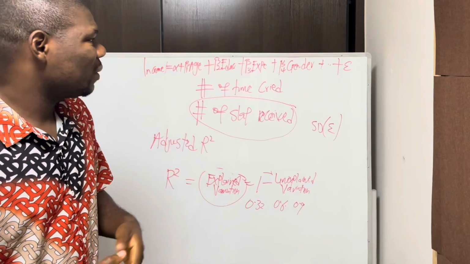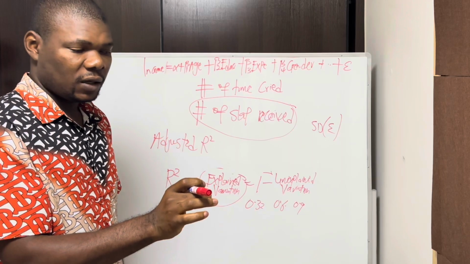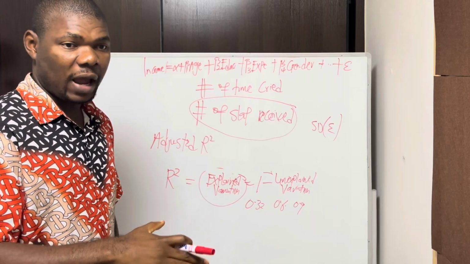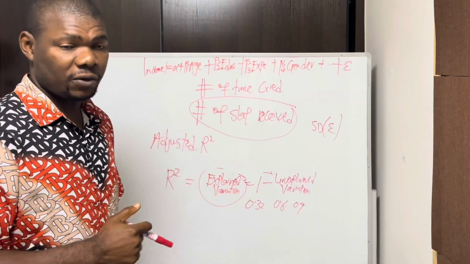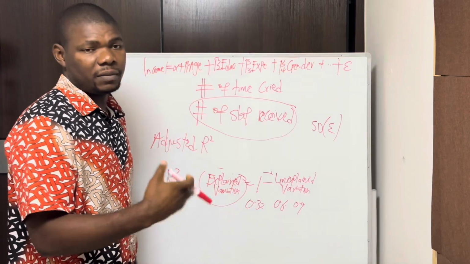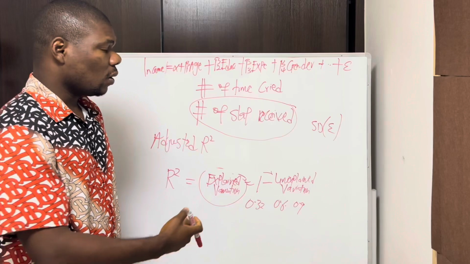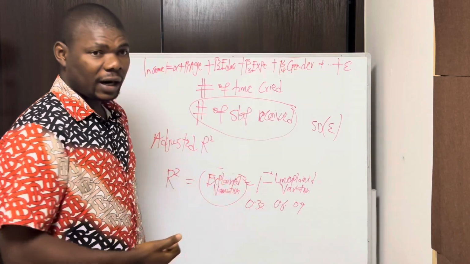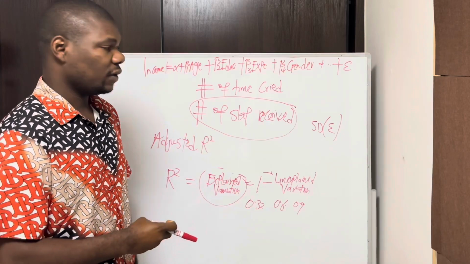But the only problem with these things is that it doesn't really provide you a yardstick which you can always use to judge whether you have something high or something low. So it really comes down to you, the researcher or the person doing the estimation, to make that decision whether you have a high R square or a low R square, or a high or low standard deviation of the error term.